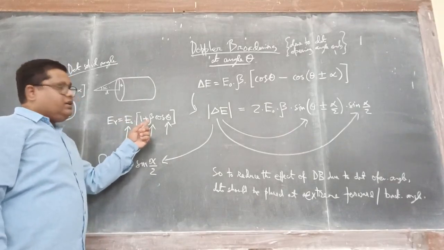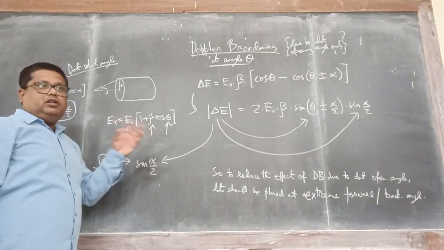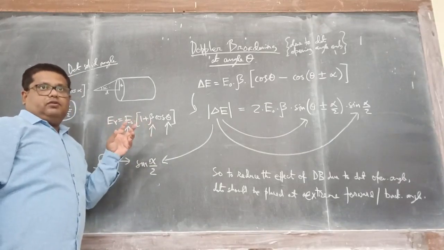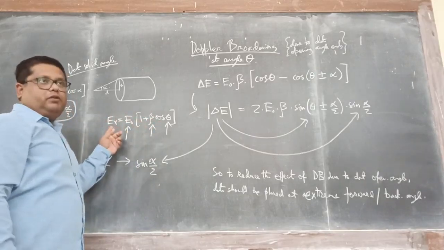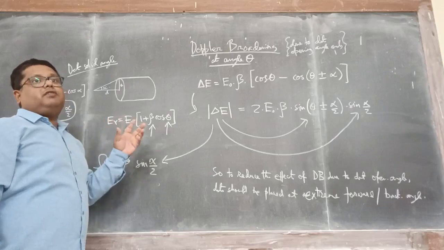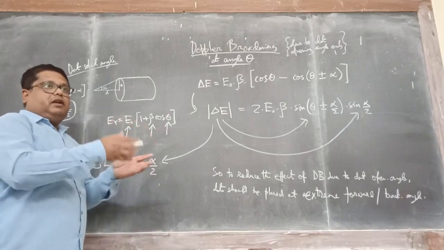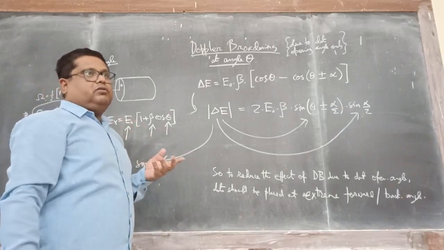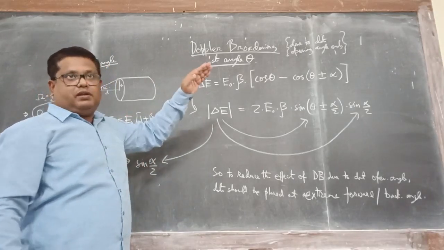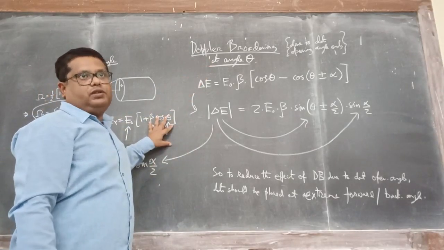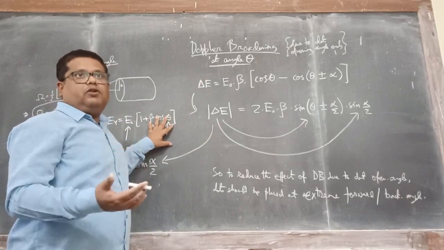If there is a variation in the velocity of the nucleus itself, which is moving, a small variation, then there will be Doppler broadening, meaning the energy of the gamma ray will be different. If the detector opening angle is also very large, then along with this theta in which it is emitted, you will observe a Doppler broadening.